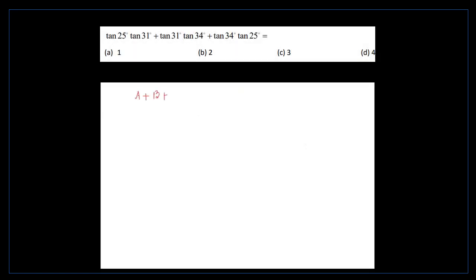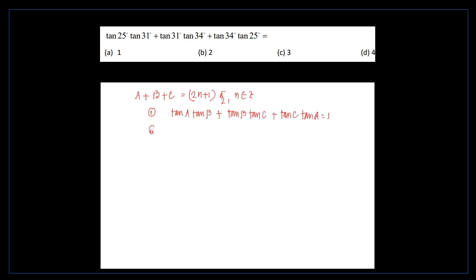A plus B plus C are the three angles, and their sum is some odd multiple of pi by 2. Under this circumstance, we can say two results. One is tan A tan B plus tan B tan C plus tan C tan A equal to 1.